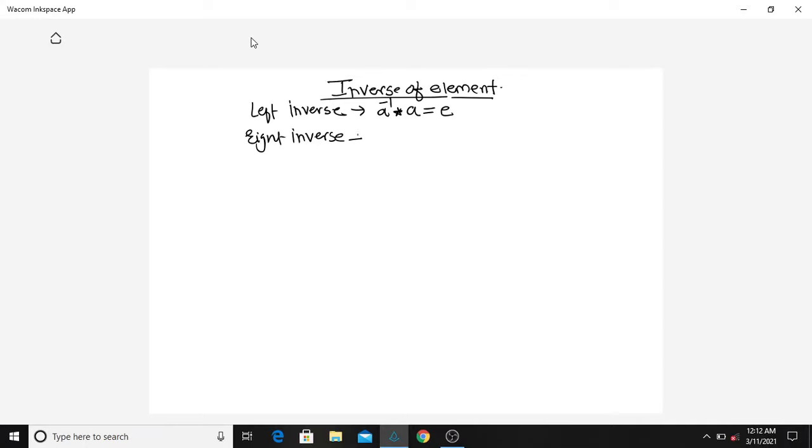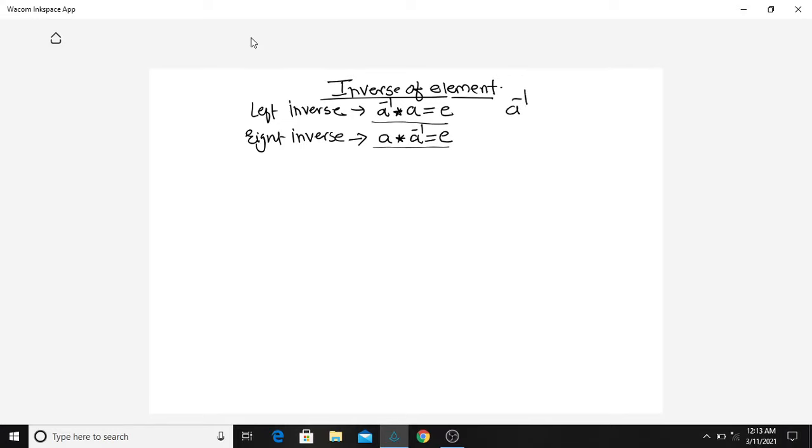For right inverse, A is the element, star is the operation defined, and its inverse is A inverse, then A star A inverse should be equal to E, the identity element. So for inverse, you need to remember A star A inverse should be equal to E, or A inverse star A should be equal to E, where E is the identity element.